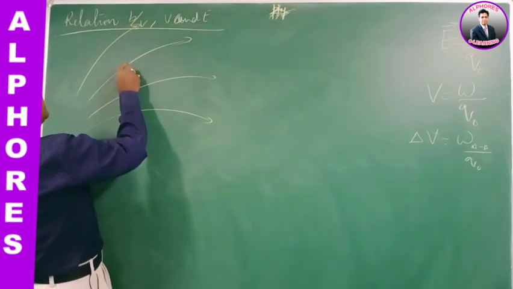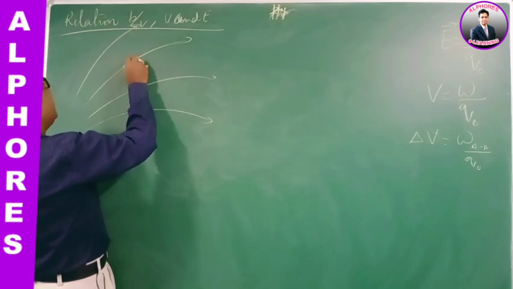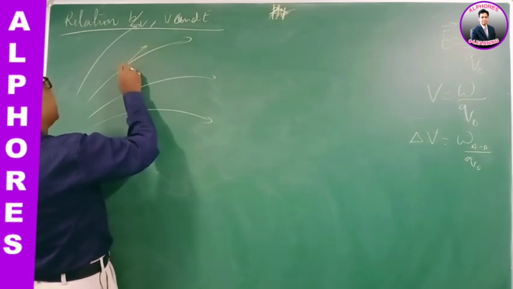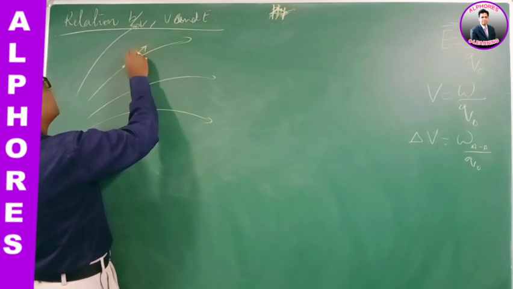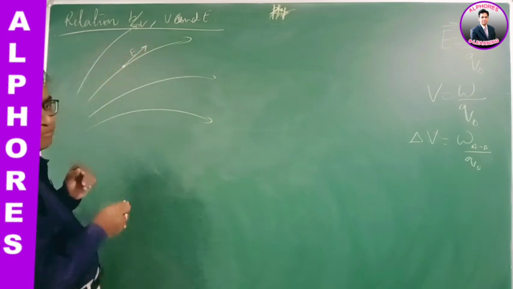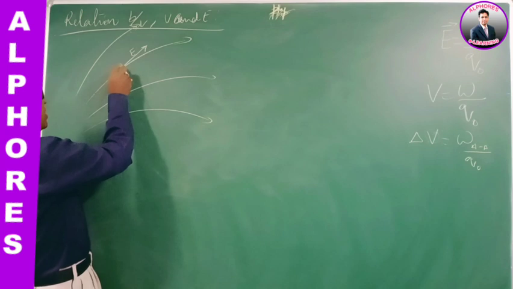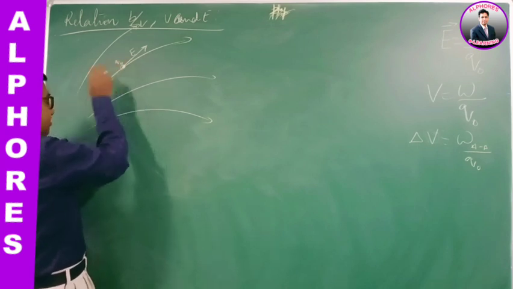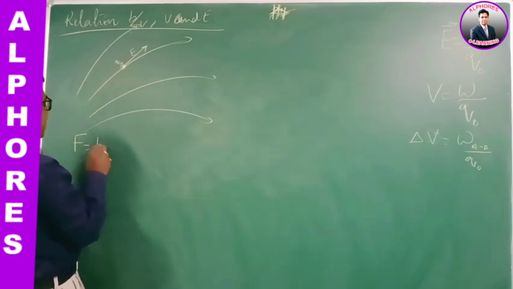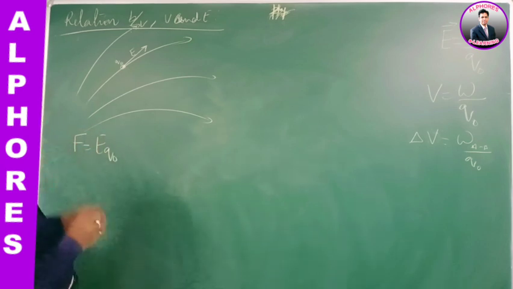Imagine at a point, let the electric field at this point be E. A tangent drawn to the line of force gives the direction of the electric field. Let there be a charge Q0 at this point. The force on the charge is EQ0.